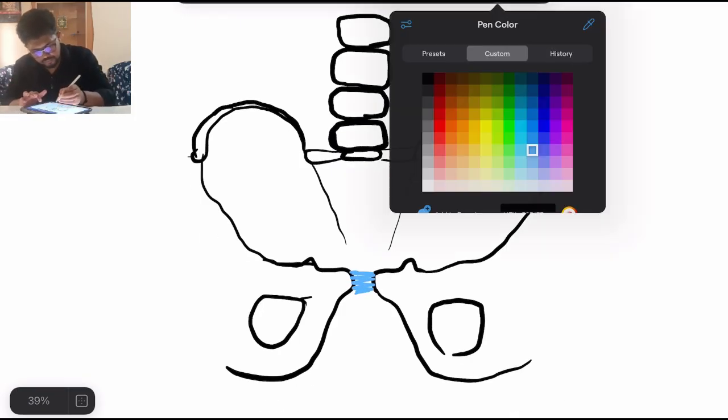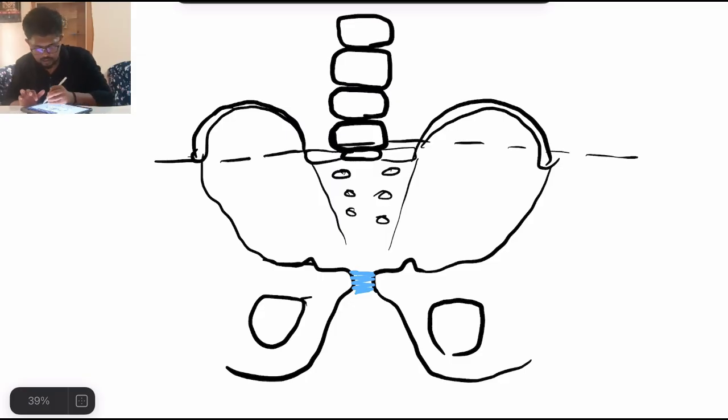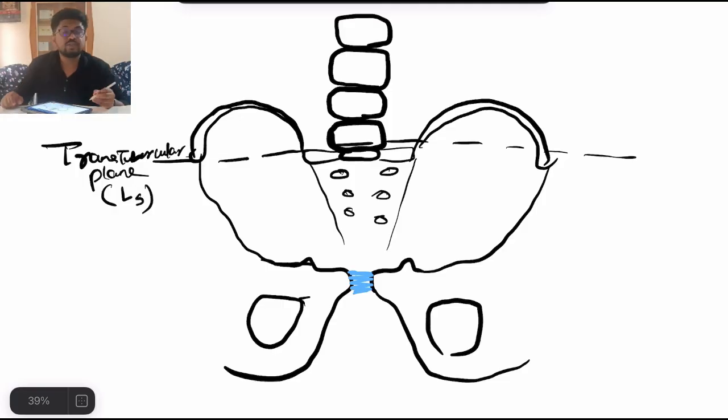So now we are going to draw the transtubercular plane, which lies at the lower border of L5 vertebra. So a horizontal line at the lower border of L5 vertebra, the transtubercular plane, we have made.